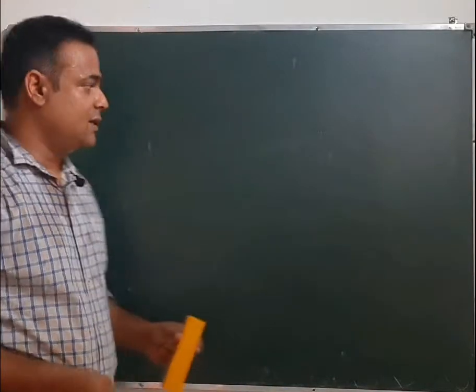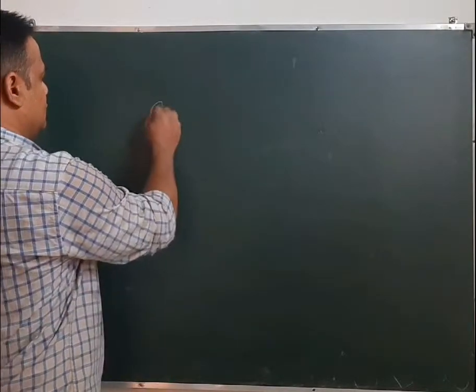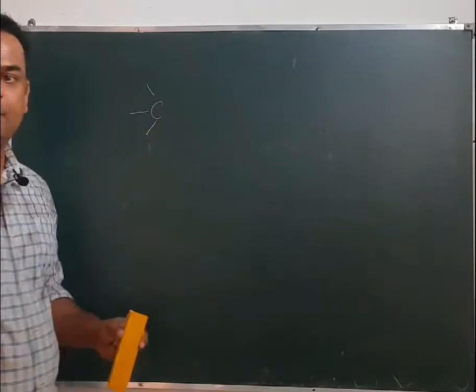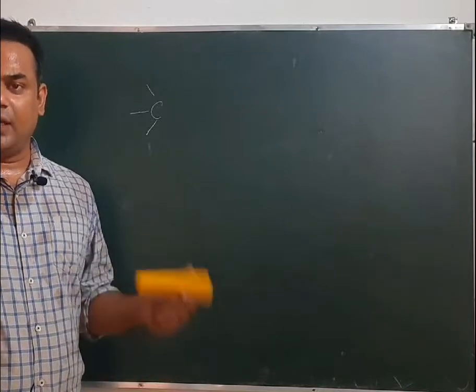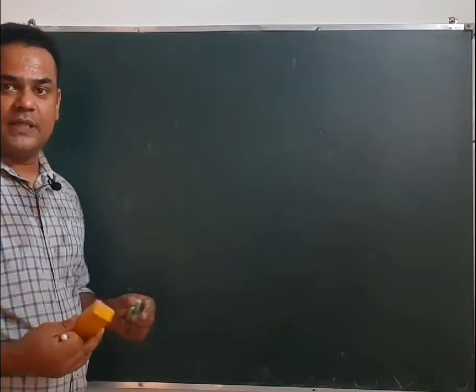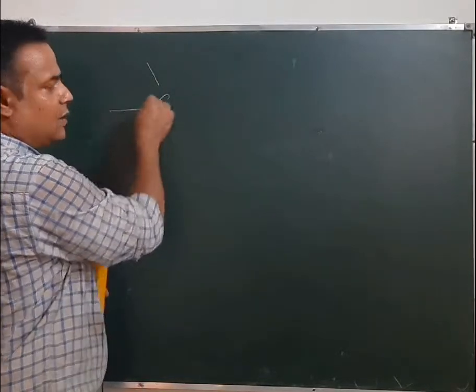Now the next one is the reaction with NaCN or KCN. Here I am not specifying any alkyl halide; that may be methyl chloride, ethyl chloride, or any other alkyl halide. So instead of writing any specific alkyl halide, I leave this valency unoccupied.